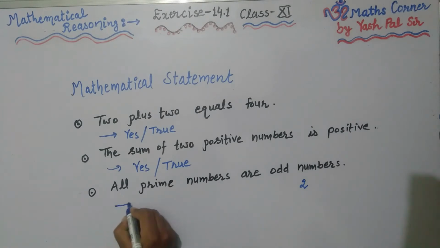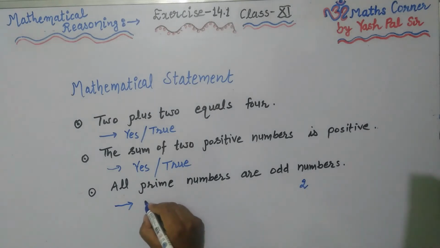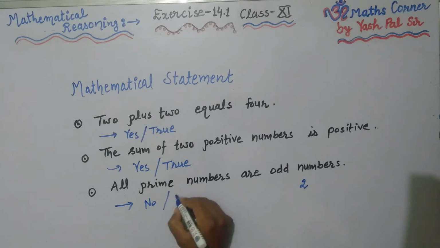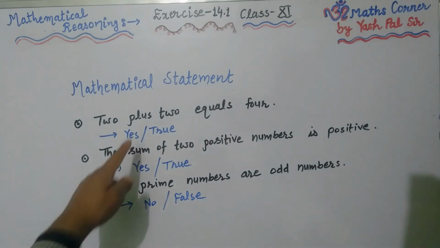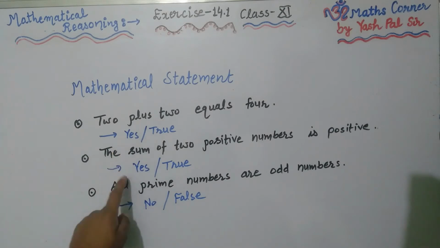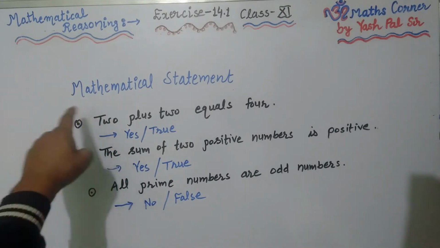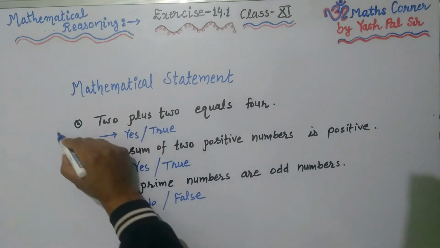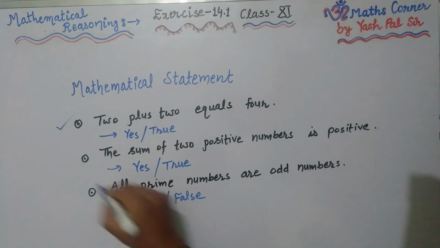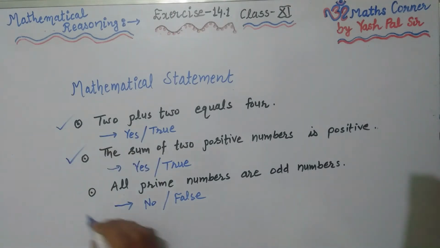So the immediate reply is no, this statement is false. So if we can immediately reply yes or no, then all these sentences are called mathematical statements. This is a mathematical statement, this is also a mathematical statement, and this is also a mathematical statement.